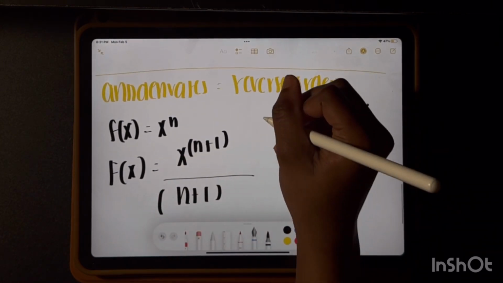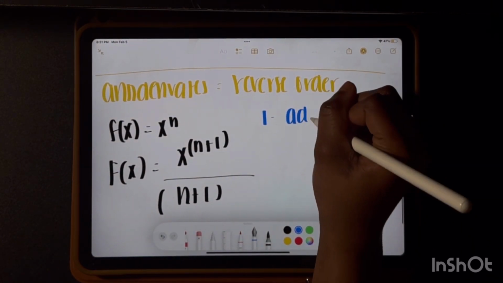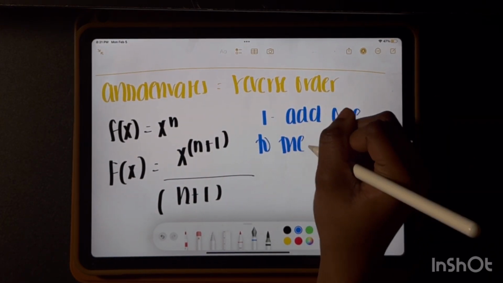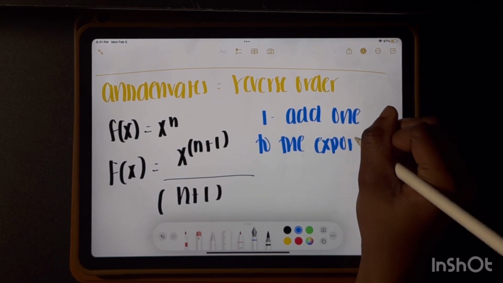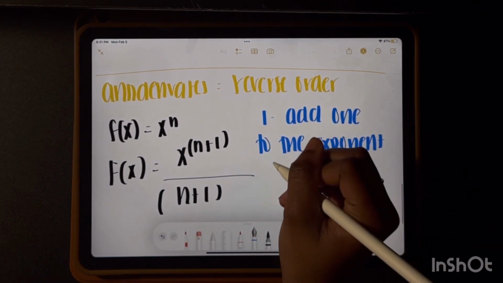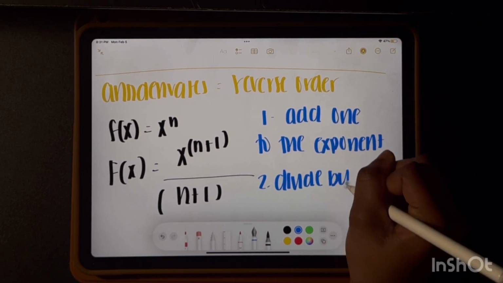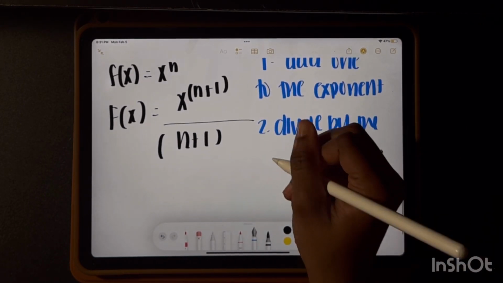To do this step, the first thing you want to do is add 1 to the exponent and then divide by the new exponent.